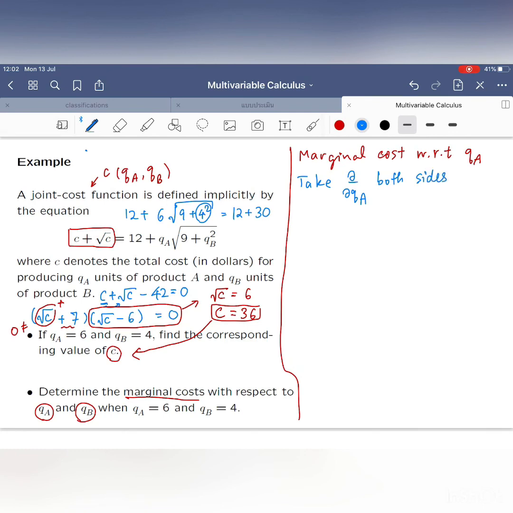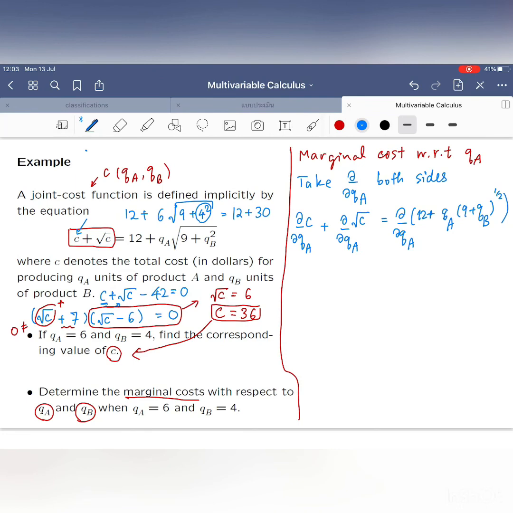Because you have your QA hidden in the C, you have d by dQA of the square root of C, and the derivative of a square root of C with respect to QA equals to a derivative with respect to QA of 12 plus QA, and 9 plus QB raised to power 1/2.